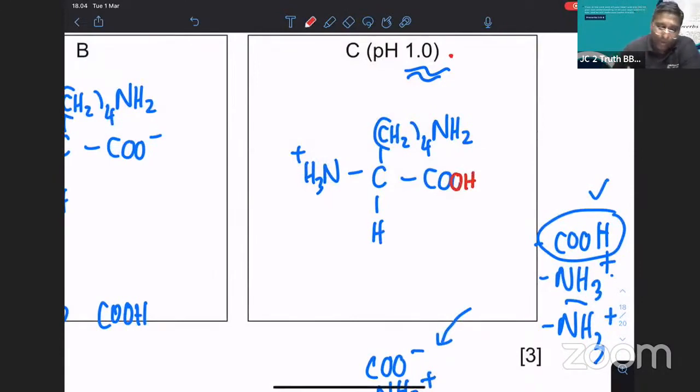This one still stays. And then this is basic, so when H plus comes, it is going to receive the H plus and give you NH3 plus. So you have this compound for pH 1.